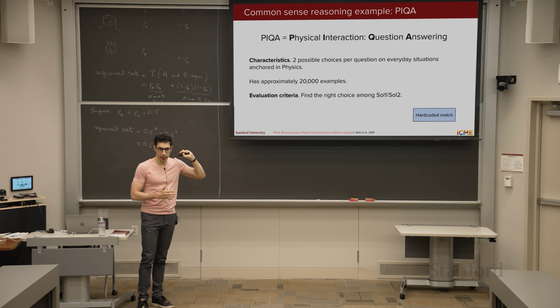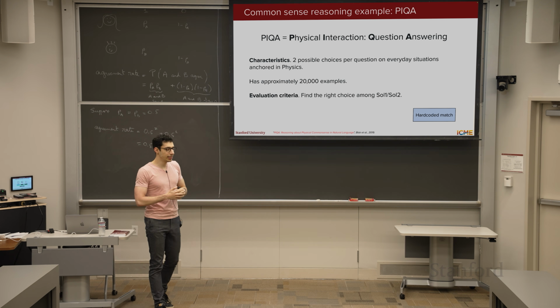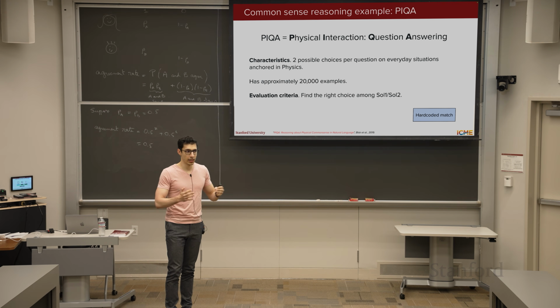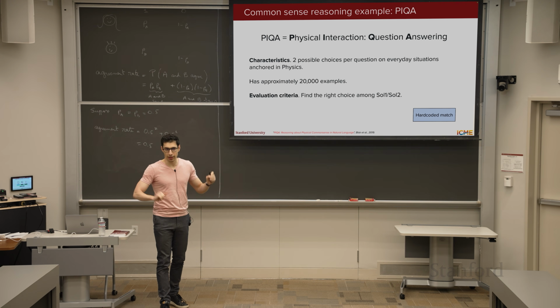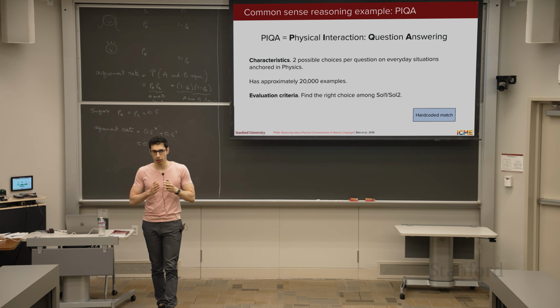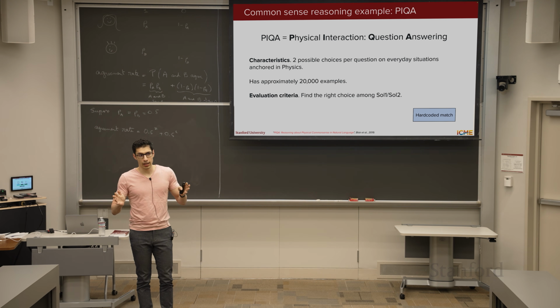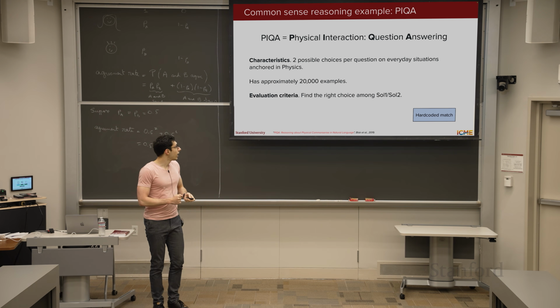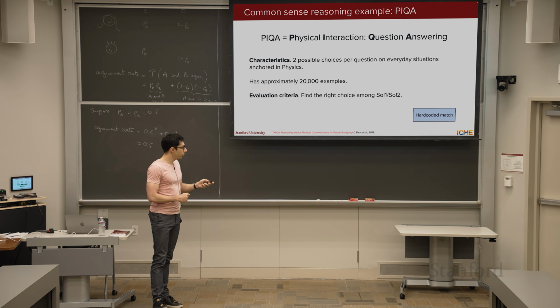We have some samples on the next slide, but it is still reasoning-based questions that rely on your understanding of how things work around you, not necessarily math-based, but just everyday life. And this time, it's not multiple choice questions over 4 answers like MMLU. It's over 2 only. And you have the 20K examples.